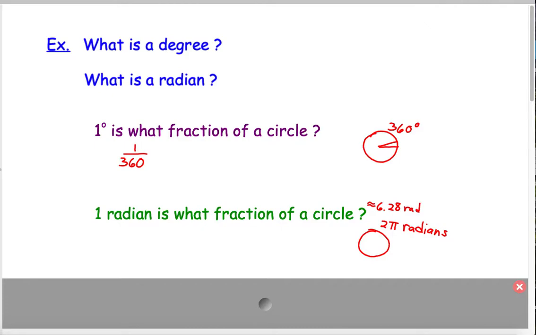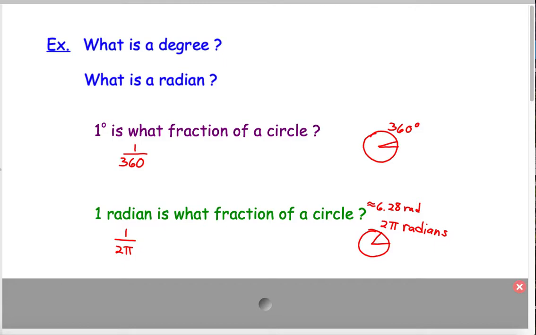So 1 radian is 1 over that 6.28, or I'll leave the exact answer, 1 over 2 pi. So it's a little smaller than 1/6 of a circle. And 1/6 of a circle, I probably made that a little bit too small. 1/6, so cut that into thirds. Yeah, that was probably about right. So about 1/6 of a circle there.